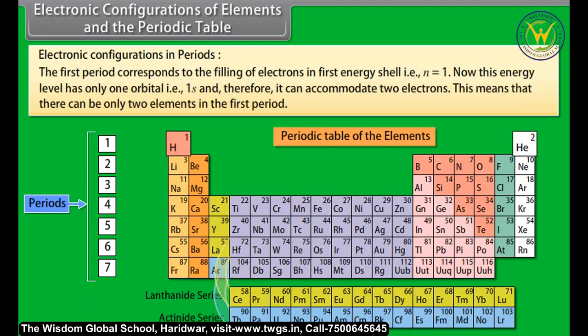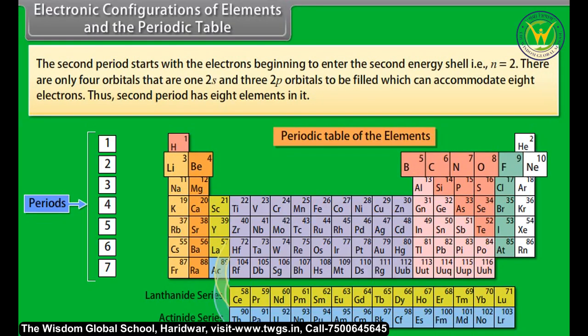The first period corresponds to the filling of electrons in the first energy shell, that is, n equals 1. This energy level has only one orbital, that is 1s, and therefore it can accommodate 2 electrons. This means that there can be only 2 elements in the first period.